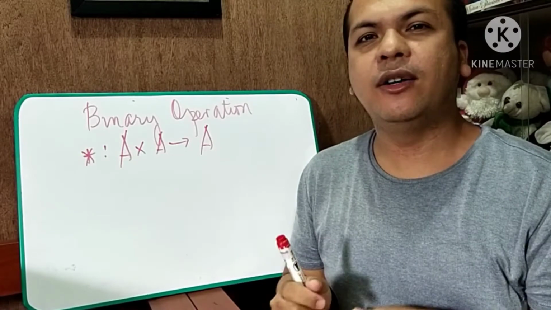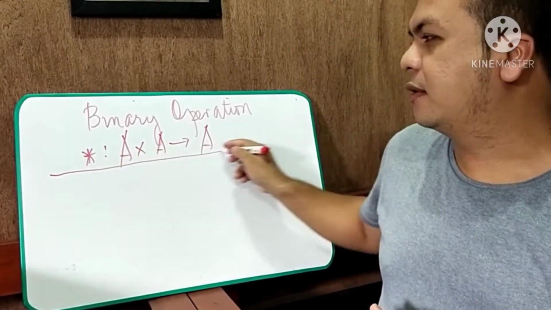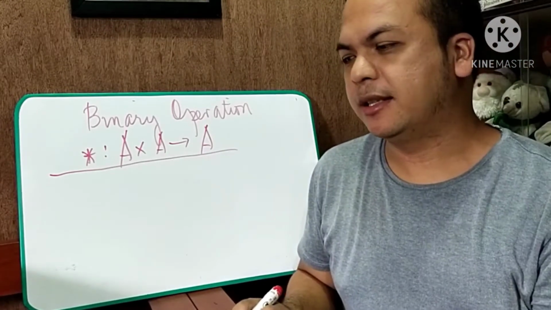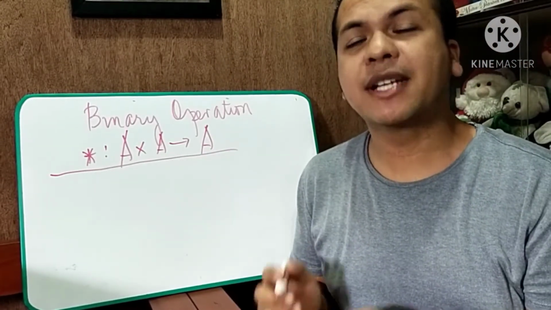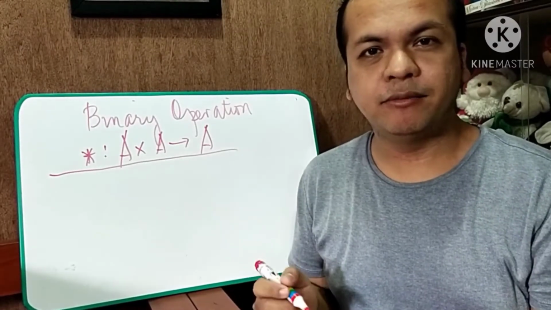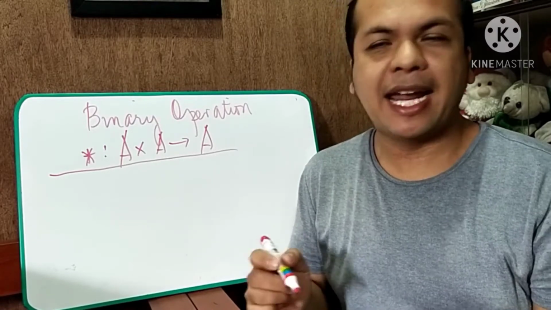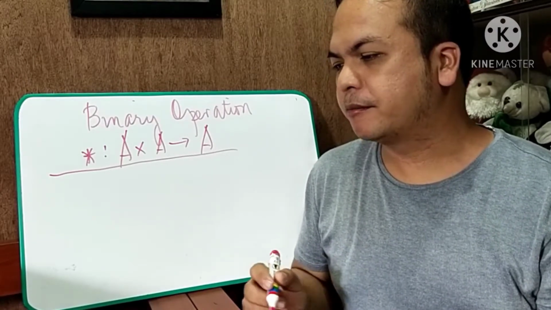Now we have already recalled what a binary operation is. Now let's have some examples illustrating this concept on abstract algebra, that is, on binary operation. Let's have this example.